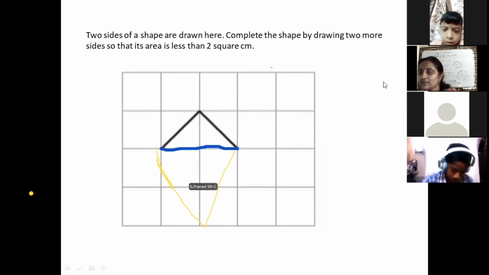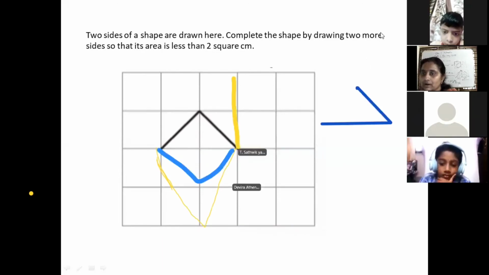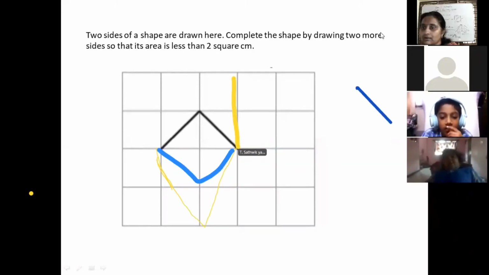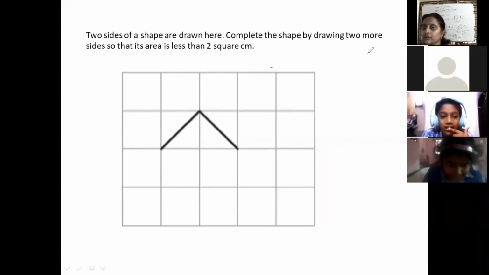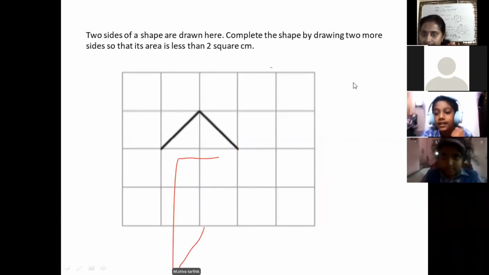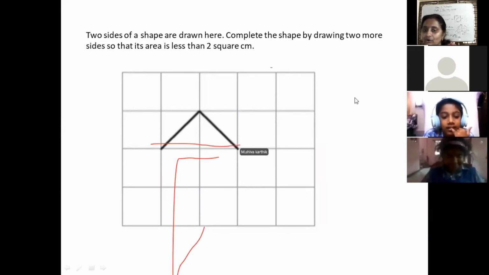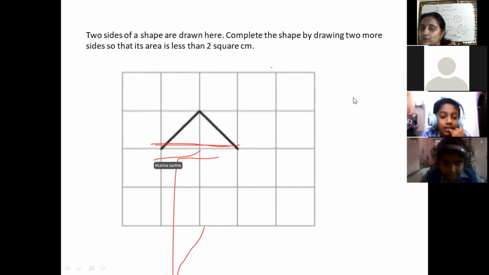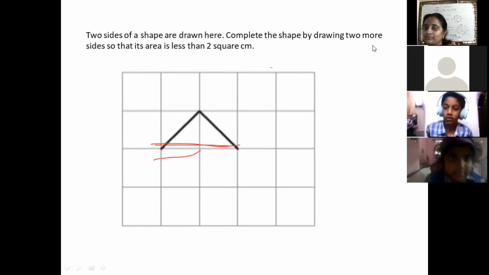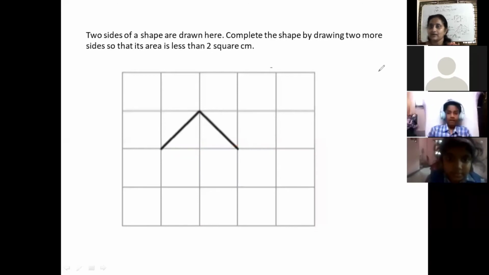Remaining all of you, please stop. Shivakarthik will do. Shivakarthik, try it, ma. Where you are drawing, Shivakarthik? No. 2 sides you have to draw, not 1 side. You have to draw 2 sides. Okay, then leave it. I will tell you how to do. Okay, yeah. Now, let us see.